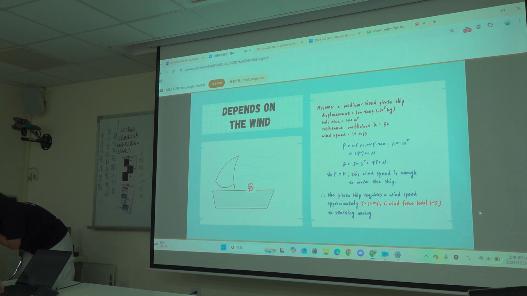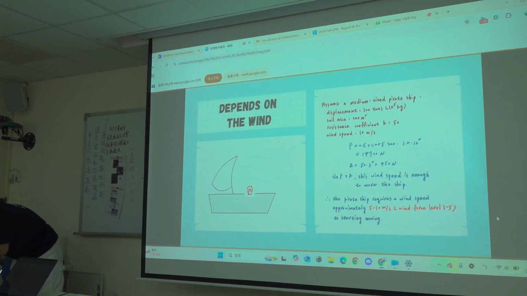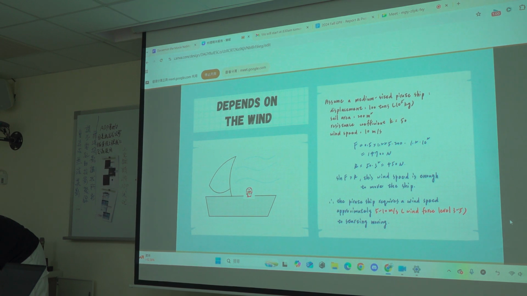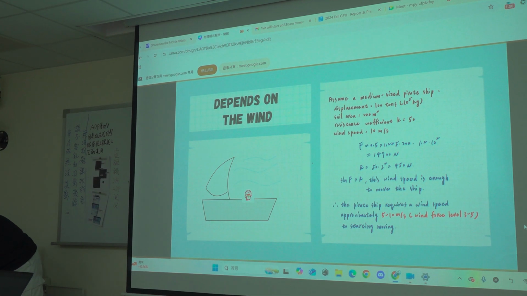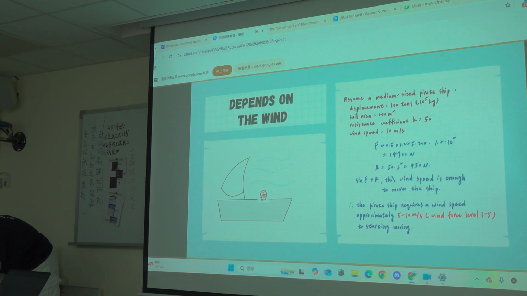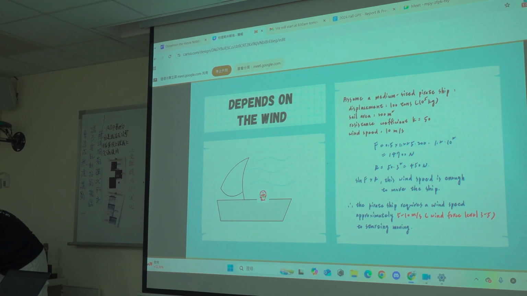We can get the force is 14,700 and the R is 450. Because the force is bigger than R, the wind speed is enough to move the ship, and the sail ship requires a wind speed of approximately 5 to 10.